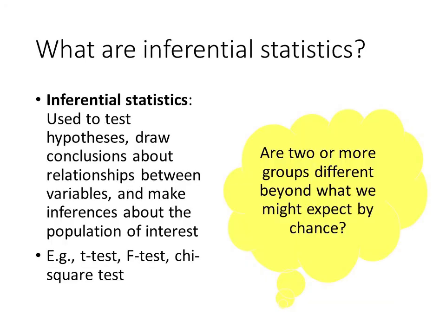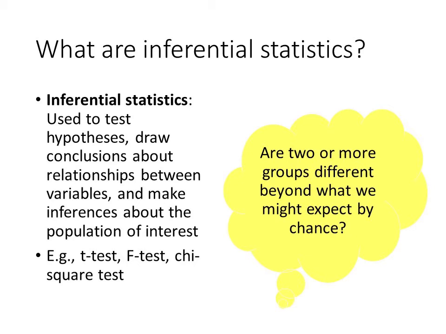We usually begin with descriptive statistics and then move on to inferential statistics because they're a little bit more complicated. These statistics are used to test our hypotheses about the topics we're studying. Think t-tests, f-tests, chi-square tests.